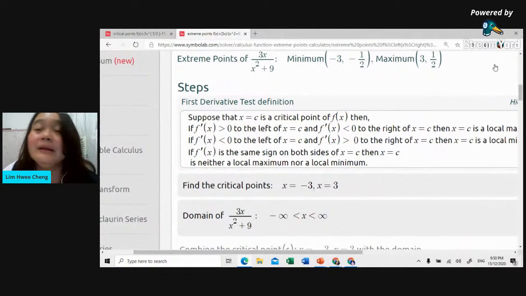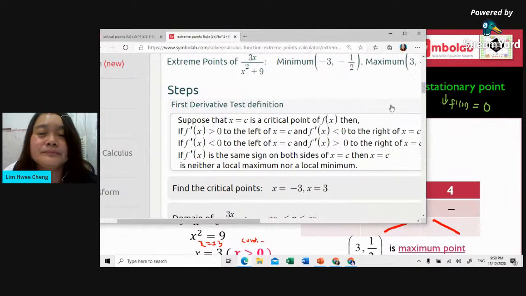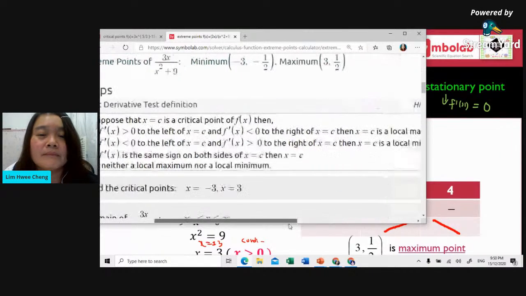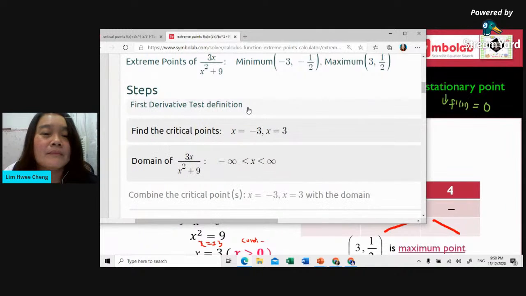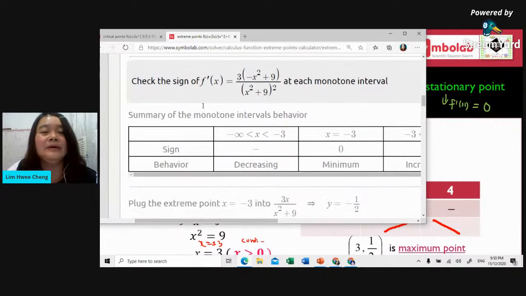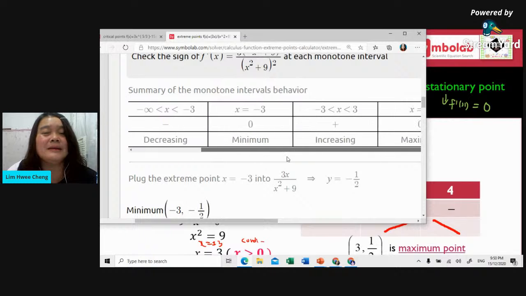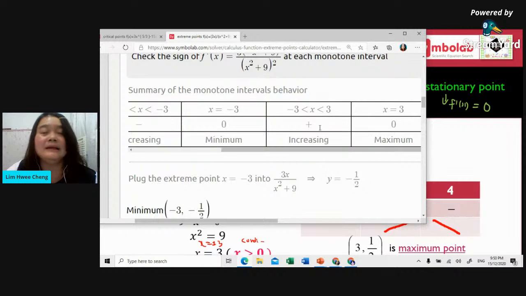So ini kalau kita guna first derivative, okay. So you tengok first derivative dia bagi you chart sekali. Okay, size dia tadi kita test sebab kita nak tahu positif saja kan, 3 je. So kita test positif, kita kosong.